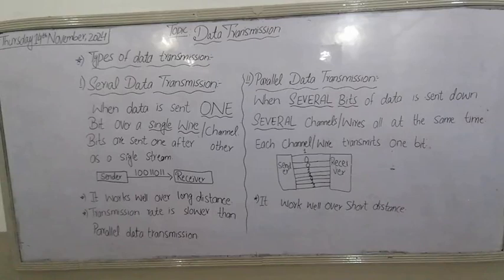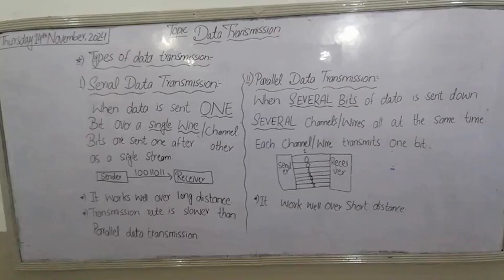In serial data transmission, it occurs when data is sent one bit at a time over a single wire or channel. Okay. In serial data transmission, as I said, the data is sent one bit over a single wire or channel.